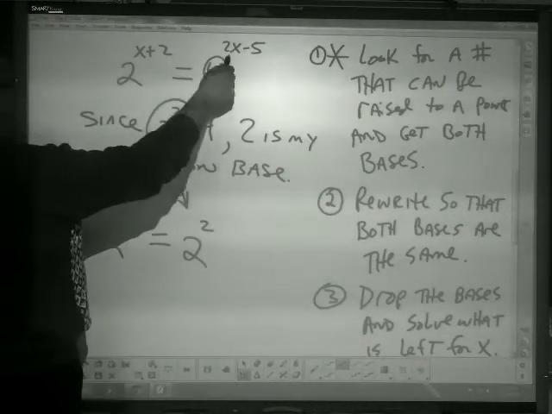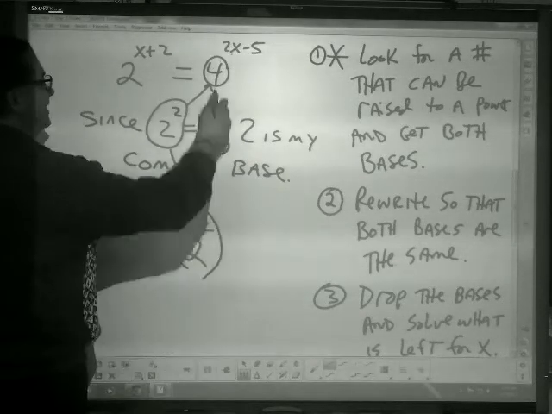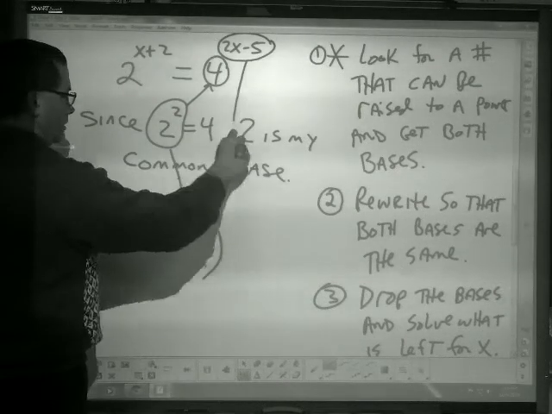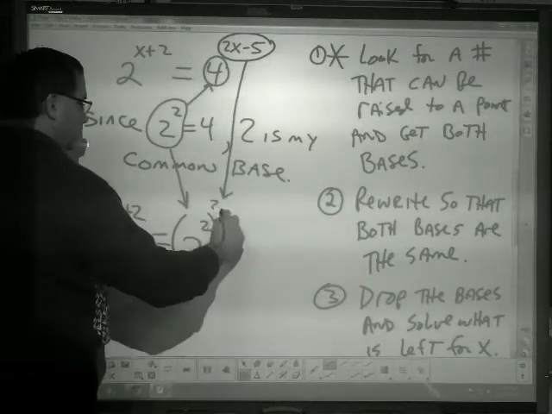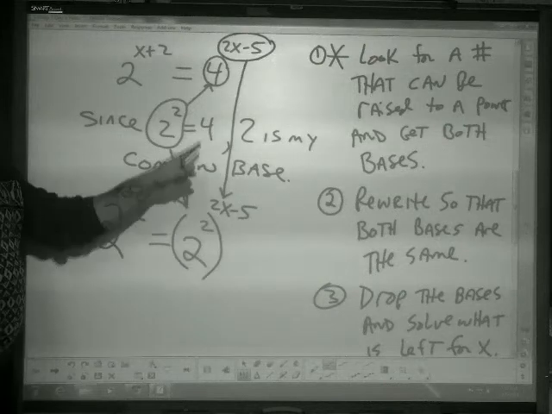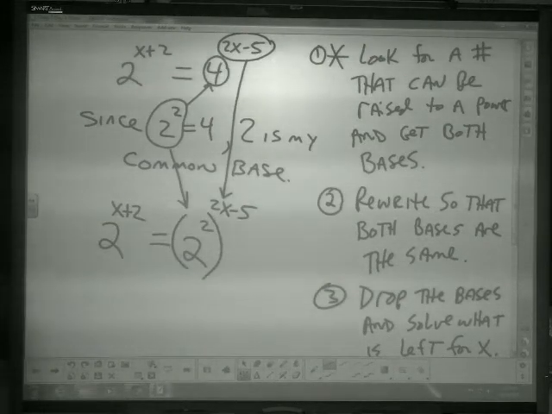All right? This, 2x minus 5, is still the power on 4. It doesn't change. I'm just rewriting 4 as 2 squared. That way my base of 2 is the same.